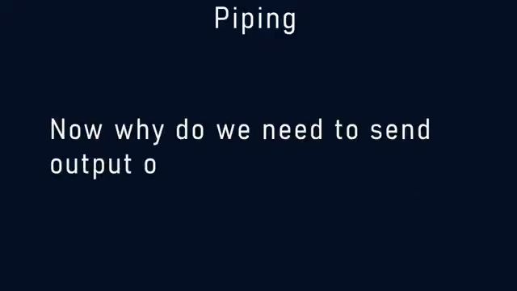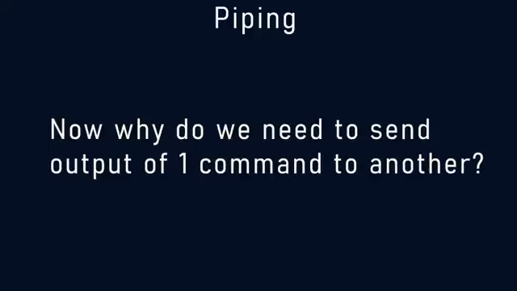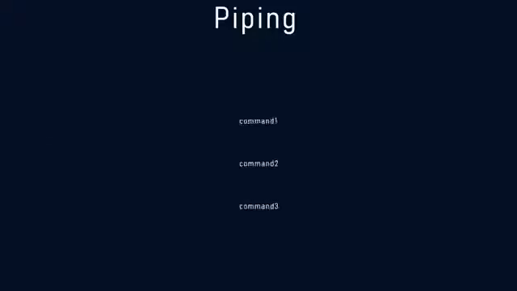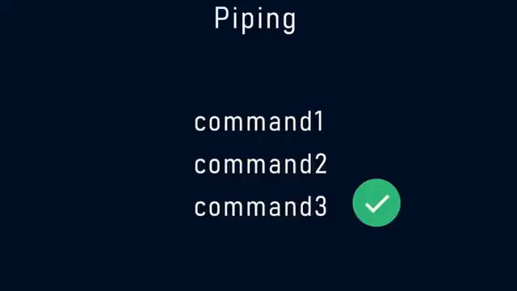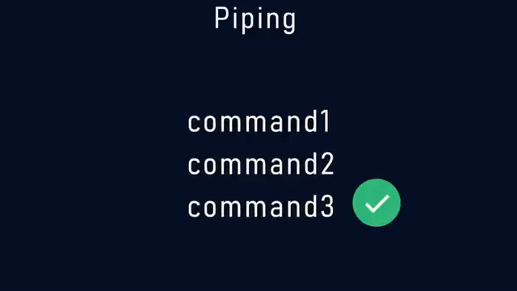Now, why do we need to send output of one command to another or share data between them? Well, sometimes we have to use multiple commands or tools to complete complex tasks. So when you use different commands separately to get a single task done, it is a time-consuming process, right?